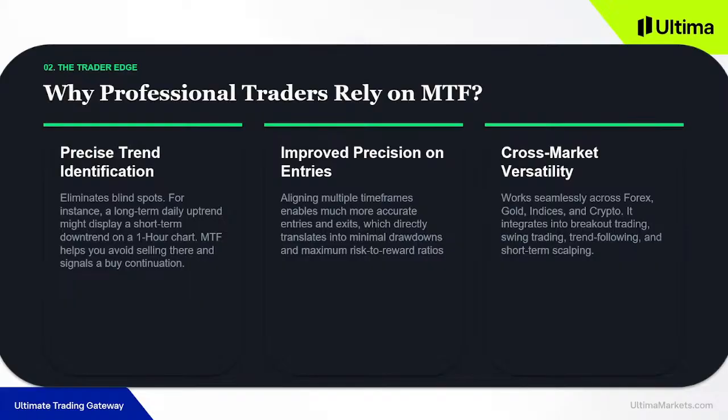For example, during a long-term daily uptrend, you might see some short-term downtrends on the 1-hour or 15-minute charts, because this is the pullback phase of the uptrend. If you do not analyze based on multiple time frames, you would easily get caught in the wrong trend on the short-term side.